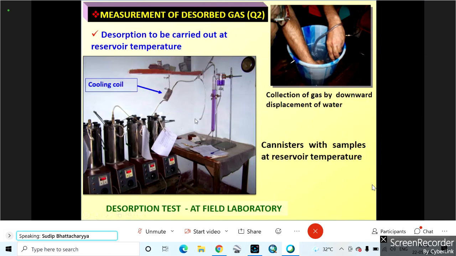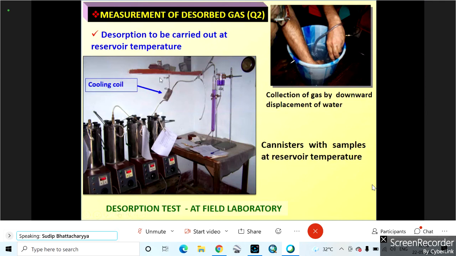And from time to time we should carry out this experiment, and the gas that is coming out is called the dissolved gas. Why dissolved? If it is coming out, then it must have been absorbed earlier.